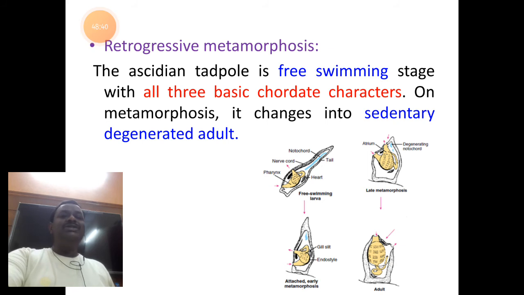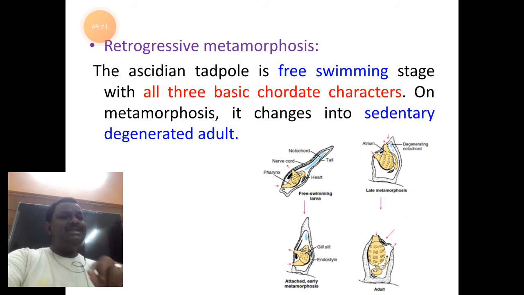The next important homological feature of embryological evidence of organic evolution is retrogressive metamorphosis. So retrogressive metamorphosis refers to the larva of an organism exhibiting the basic chordate characters, but their adult forms lose them; they don't show them. The example here is the Ascidian.